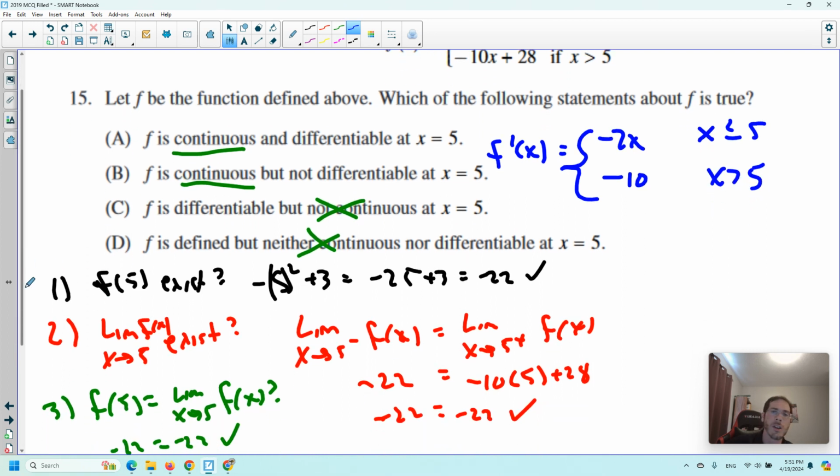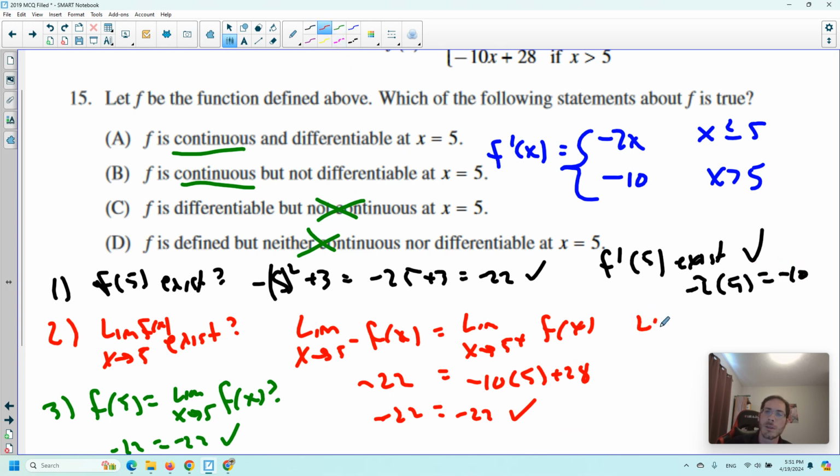So now we need to check all 3 rules again for the derivative. So does f prime of 5 exist? Yeah. That's going to be negative 2 times 5, which is negative 10.